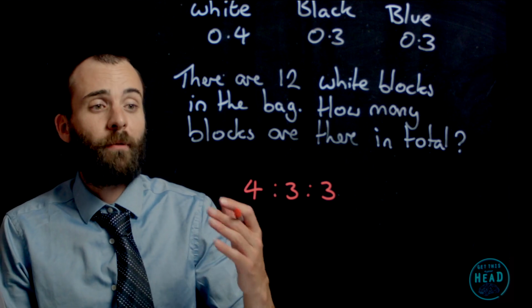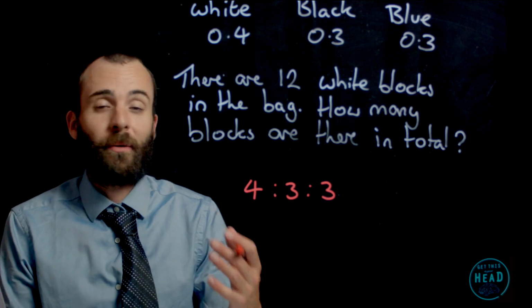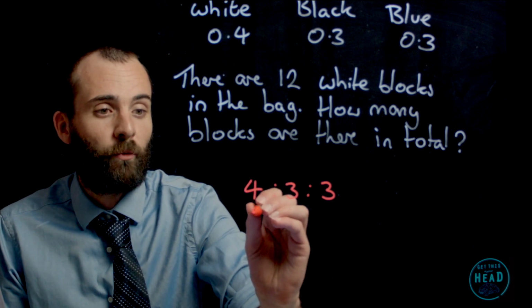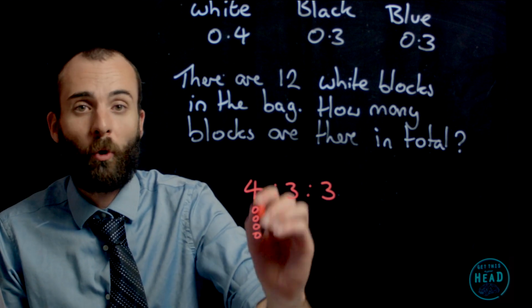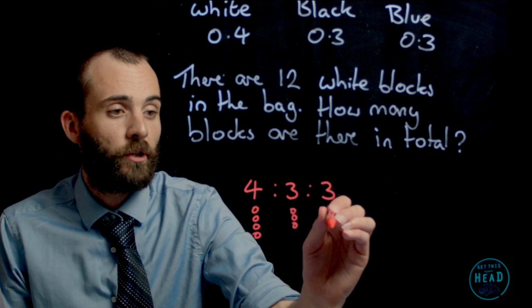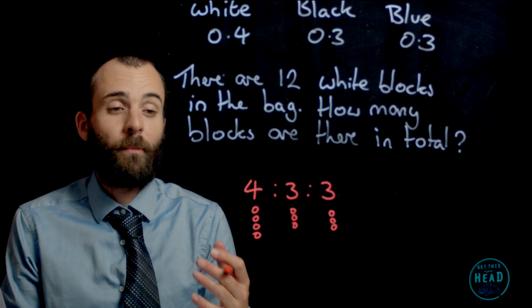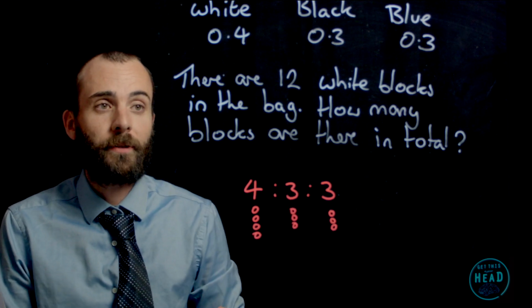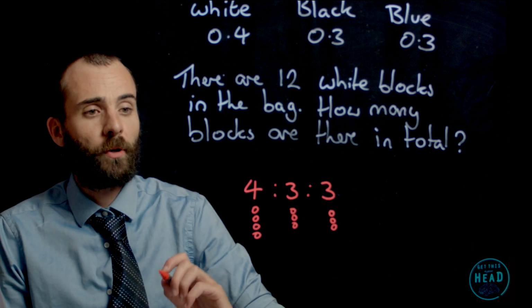Anytime I come up against a ratio question, I'm going to use a blob method, if you like, where I draw out the blobs. So I have 1, 2, 3, 4 blobs there, 1, 2, 3, 1, 2, 3. This just helps me to remember that I'm separating whatever it is I've got into that many parts. 12 white blocks in the bag.